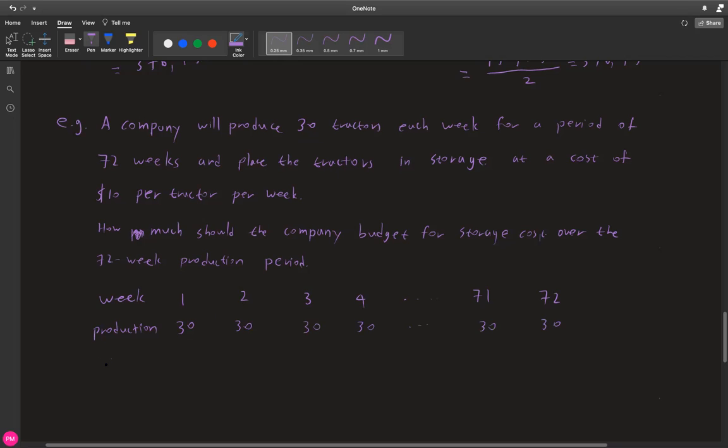And the storage cost, let's say the cost here. So on week 1, for 30 tractors that are produced, you have to pay $10 per tractor. So this would be $300, simply 30 multiplied by $10.